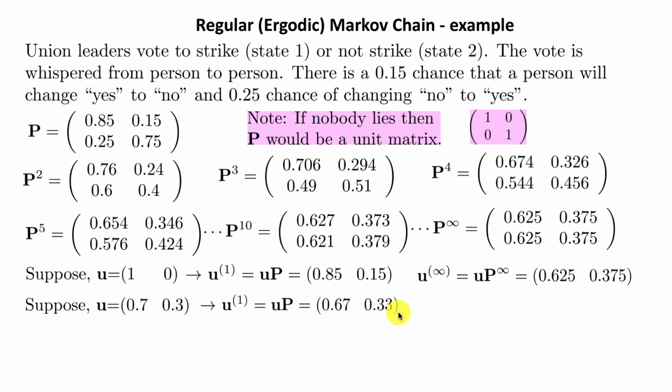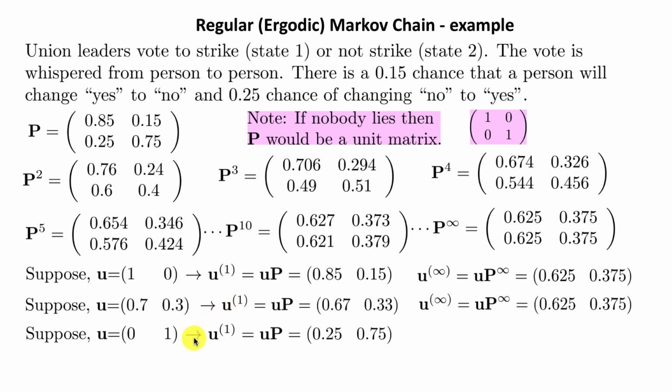But by the time it has gone through many, many people, in that case, the final will be again 5/8 and 3/8. And now what's really interesting is that if it was decided not to strike, nevertheless, since there's a 25% chance of changing no to yes, what we will have after one person has transmitted it on is 0.25 and 0.75.